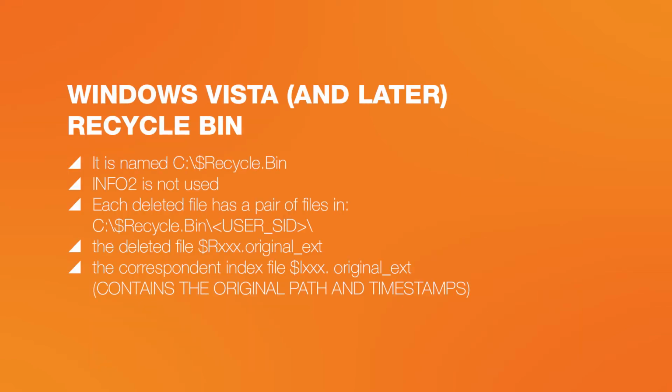Since Windows Vista, the Recycle Bin has been named $Recycle.Bin. The INFO2 file is not used anymore. When a file is sent to the Recycle Bin, both the original file and its metadata file are stored in the C:\$Recycle.Bin and the user's directory. The original file is renamed to $R followed by a set of random characters followed by the original file extension.